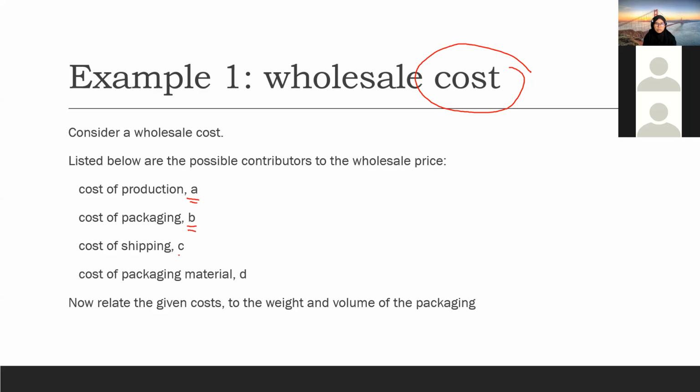So the cost of packaging. You need to send it by some courier, by shipping, and so on. So you have to consider the shipping cost. And also you need to consider the packaging material, the box that is made. D, packaging material. And you need to relate this to the weight and volume of the packaging.